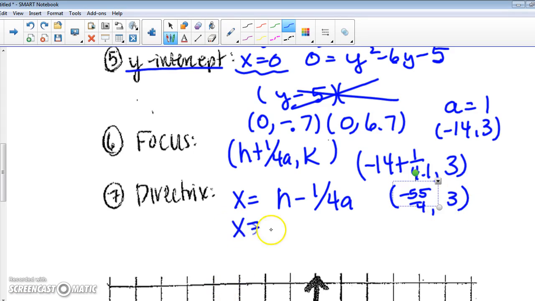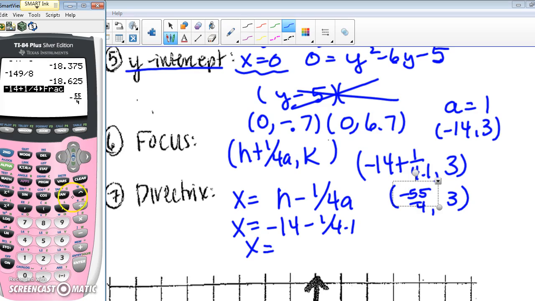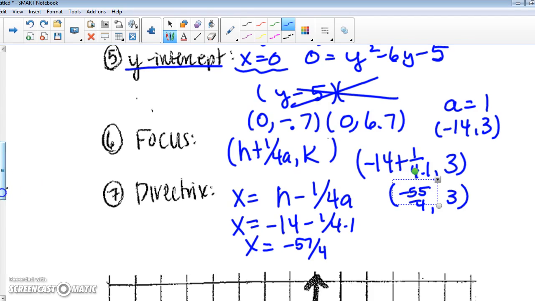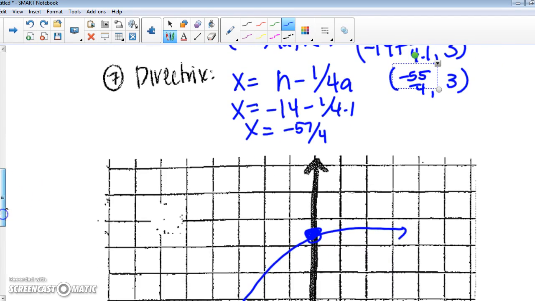This will be negative 14 minus 1 over 4 times 1, which means it's x equals, let's go here and change this to a minus, and it will be negative 57 over 4. So remember the focus is inside and the directrix is right outside.